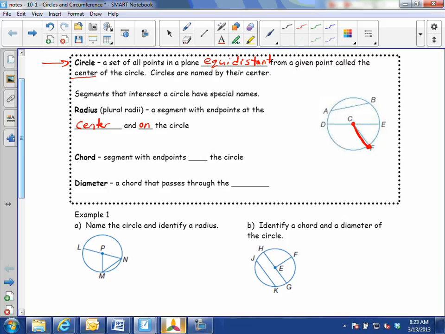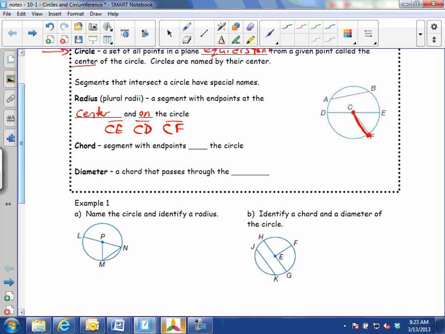DC, and another one would be C. Good. Remember, segments, we put the line on top with no arrows because it's not a line that goes on forever, it's a line segment. You have to always name it starting with the center. Not necessarily. I usually do just because I always think from the center to the outside, but it doesn't matter.